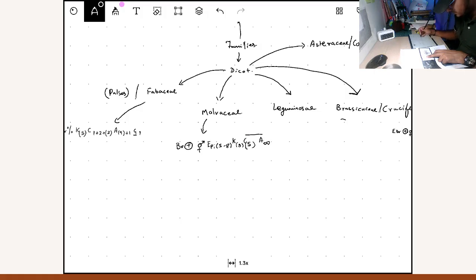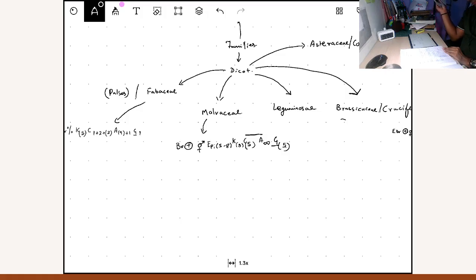Infinite androecium. We have a superior ovary with five syncarpous petals. By the way, this is polyadelphous, gynandrous.